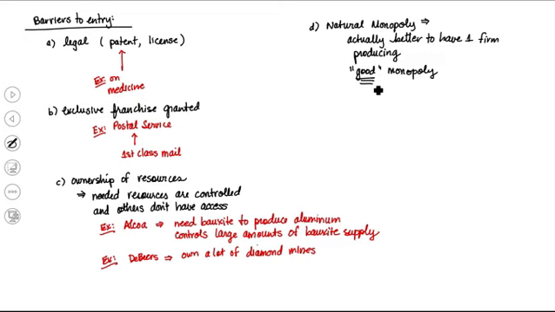So let's talk about a natural monopoly, what it looks like, but somebody's already given me a great example of a natural monopoly, and that would be a power plant, some kind of utilities. So it could be other utilities as well. With a power plant, what makes it a natural monopoly is that we often see that bigger is better.